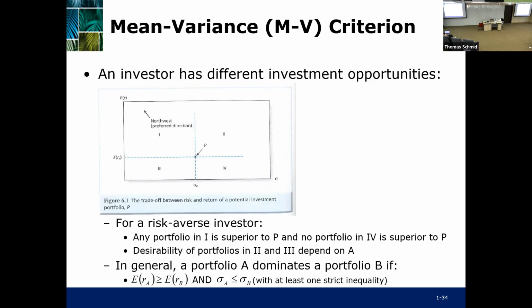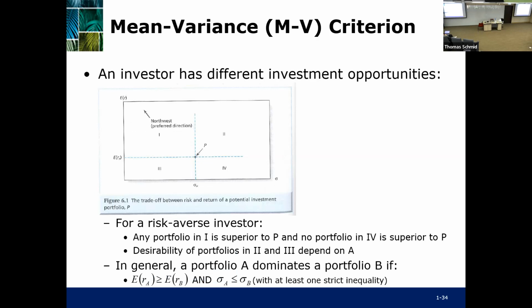Are they more attractive, less attractive, equally attractive to the risk-averse investor? Yeah, all risk-return combinations here in area 1 are more attractive to our risk-averse investor than P. Why? Well, because they have a lower risk and a higher expected return.